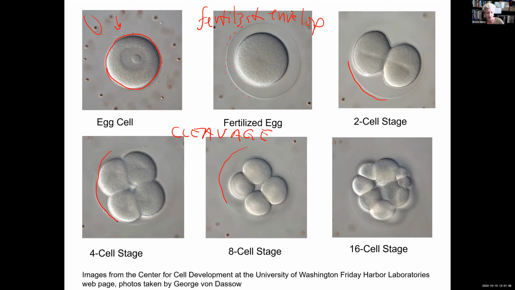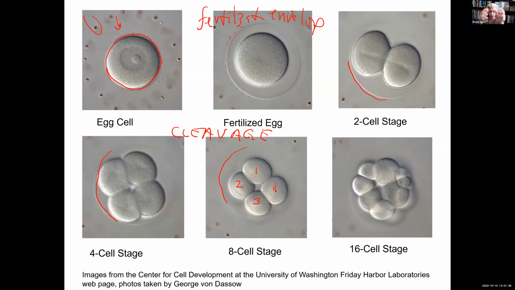We can't see all 8 cells here, but we can see 1, 2, 3, 4. And these are smaller than the cells that we see in the 8 cell stage there to the left. Immediately behind them, we would see cells 5, 6, 7, and 8, but they're sitting on top of one another like the bricks on a Rubik's Cube, so we can't see them in this picture.